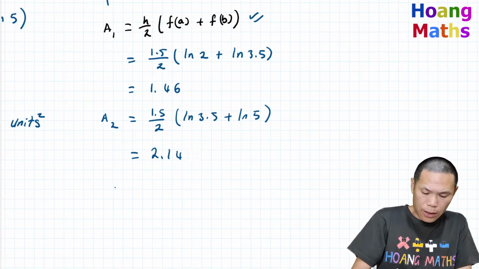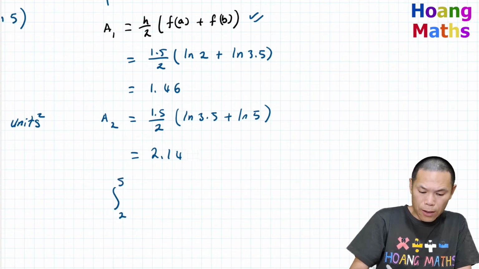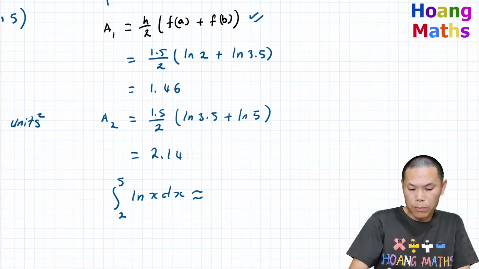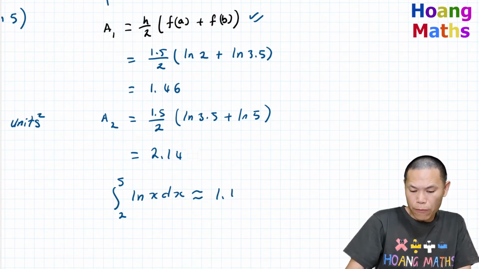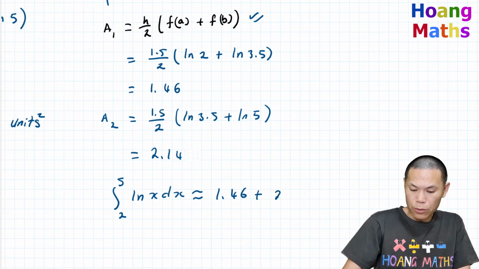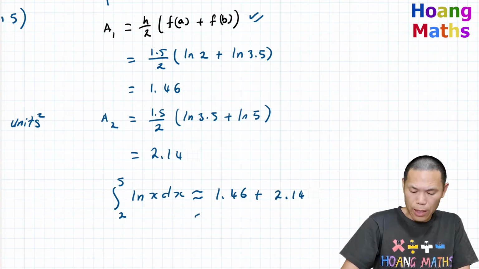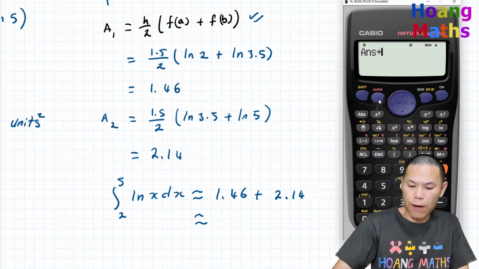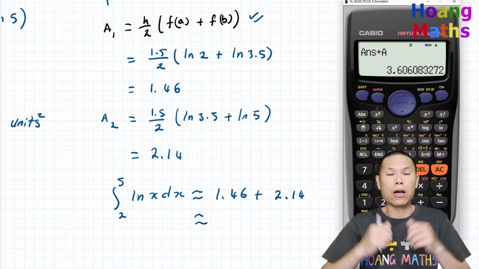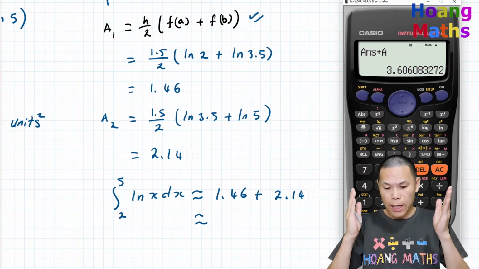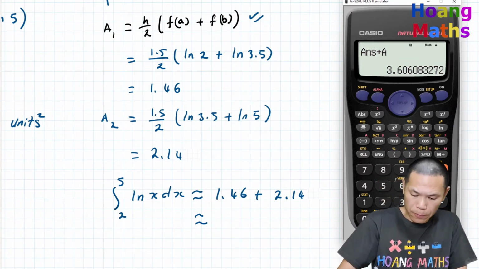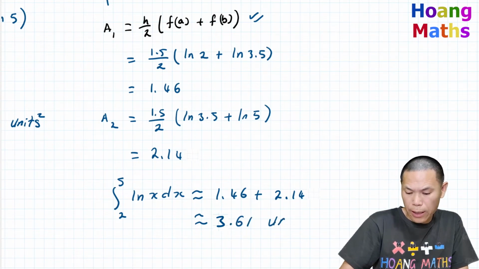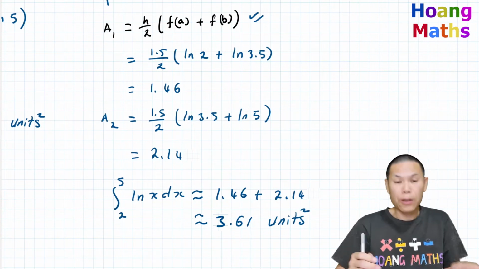So the integral from 2 to 5 of ln of x dx is approximately equal to 1.46 plus 2.14. So that is equal to, so just go answer plus alpha A. So there you go. So correct to 2 decimal places, that is 3.61 square units. Okay. There you go.